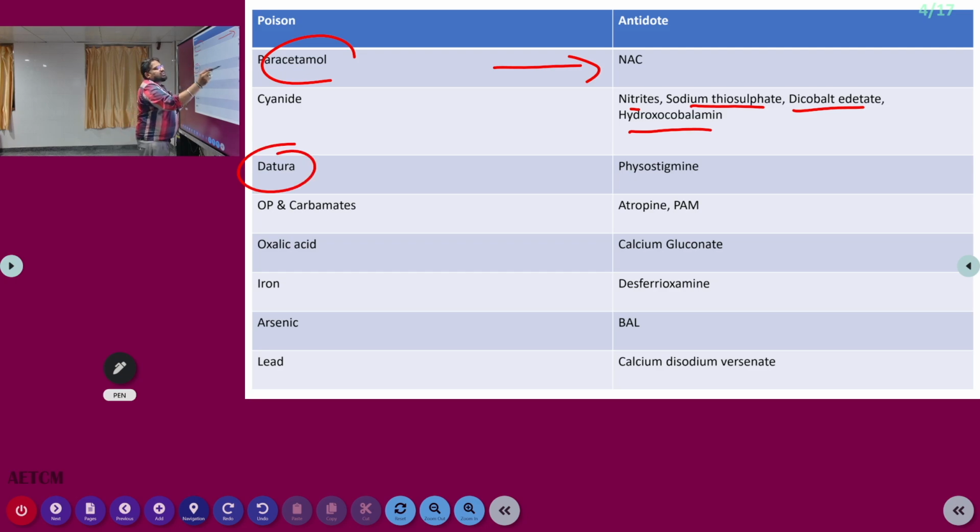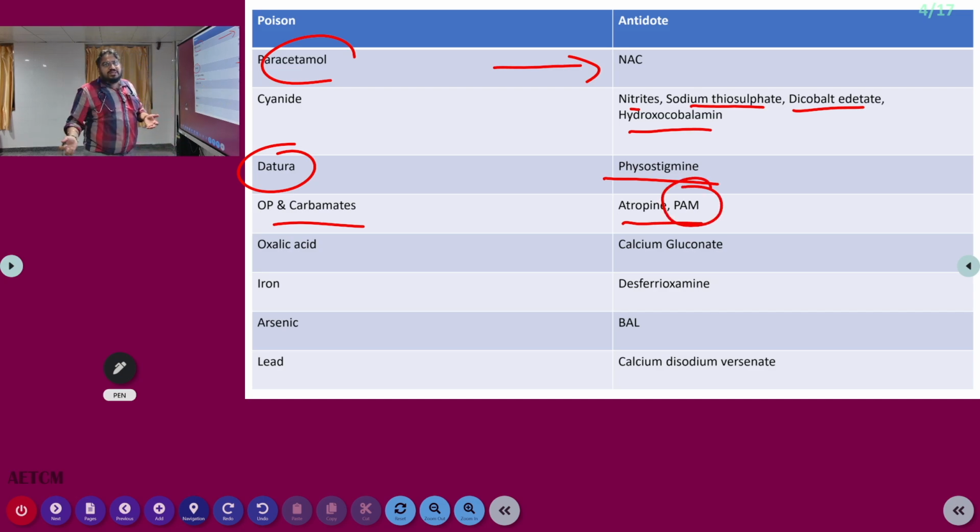Datura toxicity, you have physostigmine. OP and carbamates, you have atropine and pralidoxime. There is no contraindication for the use of pralidoxime, even in carbamate toxicity. You can still go ahead and give it, because the clinical presentation will be the same, and only after toxicological analysis will we be able to say whether it is an OP or a carbamate.